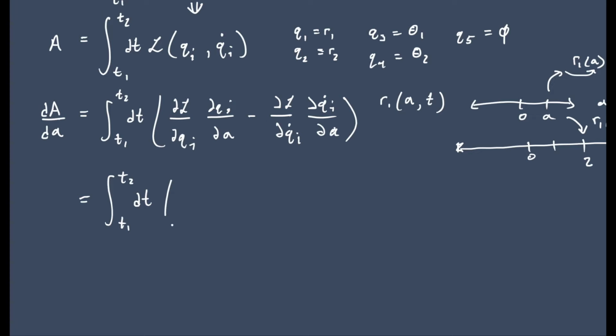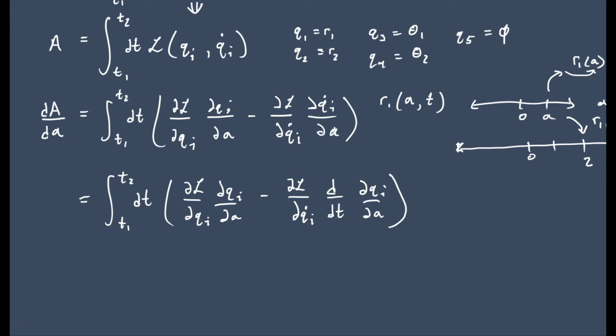This stays the same, so dL/dqi dqi/dA, minus dL/dqi dot, and this is just the time derivative. So I'll take the time derivative out, d/dt of dqi/dA.